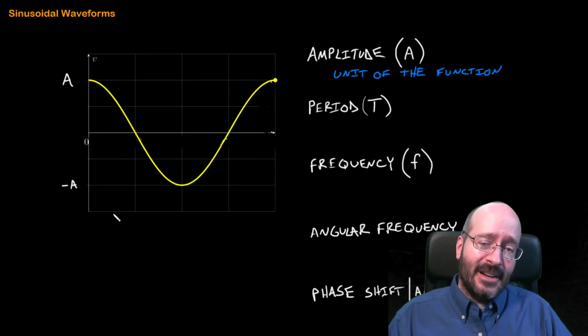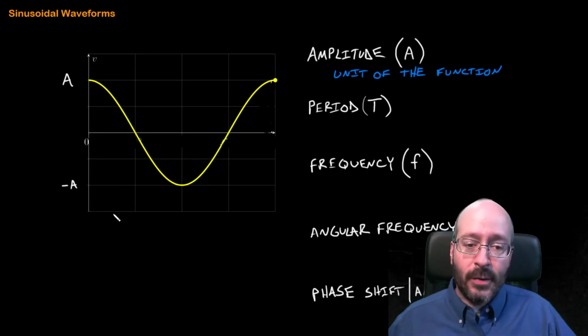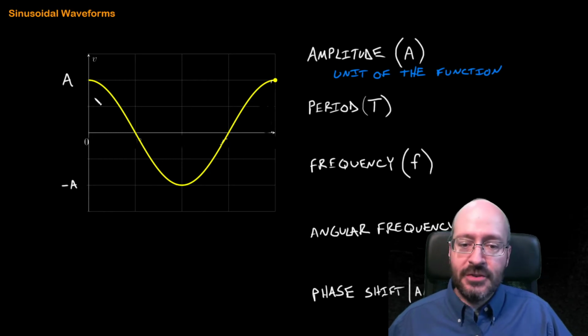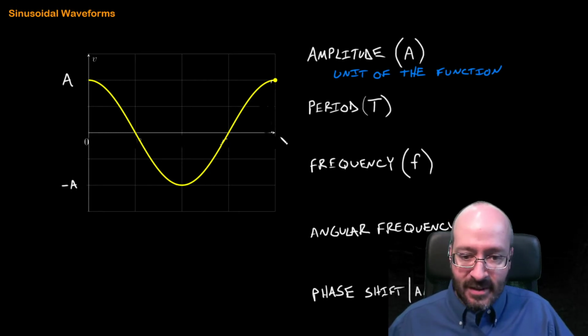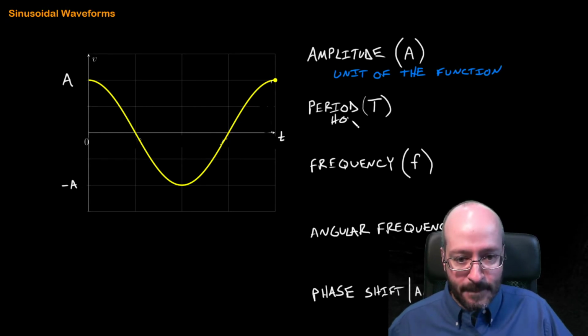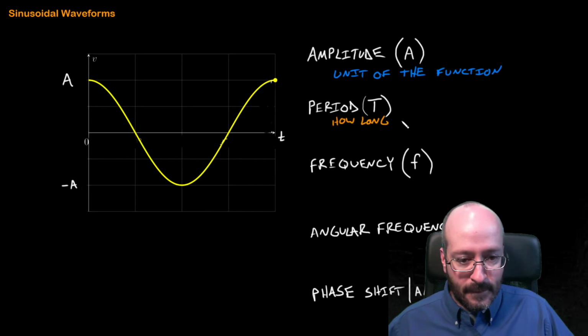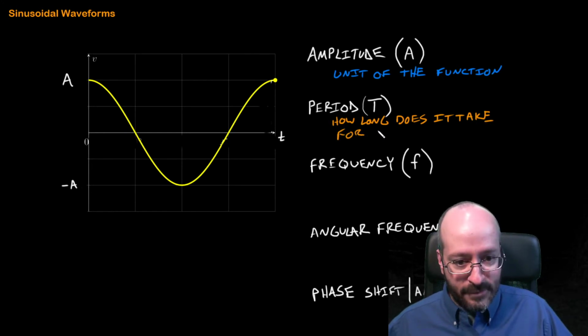Sinusoidal waveforms, cosines included, are periodic. They're going to repeat, and we're interested in how long it takes this waveform to repeat. So, in a different color just to break it up visually: how long does it take for a waveform to repeat?